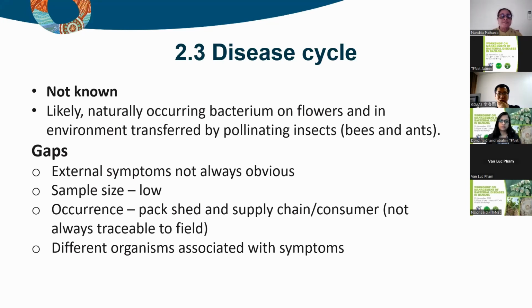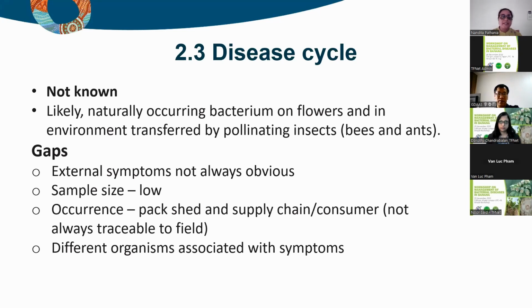The major gaps in attaining this knowledge are that the external symptoms are not always obvious, and we receive low sample numbers, 1 or 2 bunches over the year and 1 or 2 infected fingers, mostly identified at the pack shed, in the supply chain, or by consumers, and not always traceable back to the field.